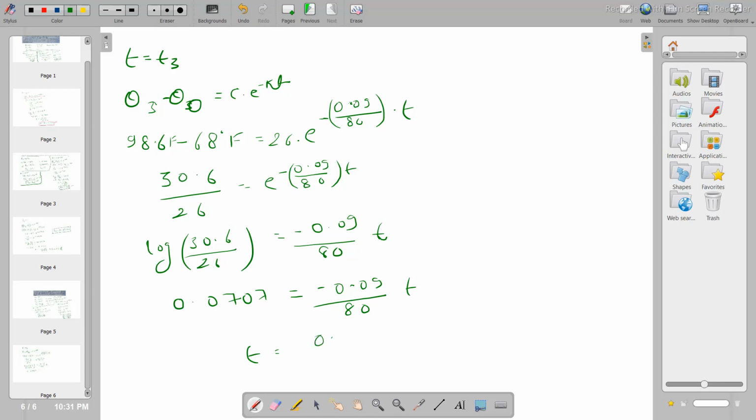It will go like 0.0707 into 80 divided by 0.09. So what is the value of this? It's 62.8, or simply we can take it as 60 minutes.